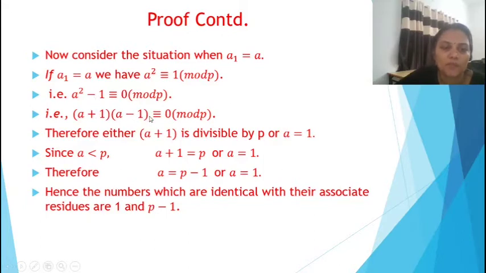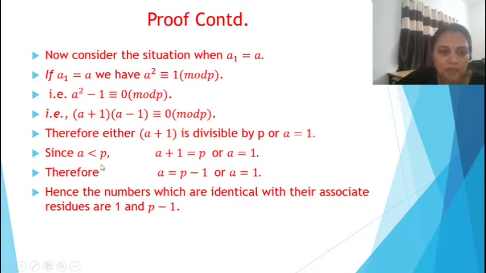Factorize: (a plus 1)(a minus 1) congruent to 0 mod p. That is, either a plus 1 is divisible by p or a minus 1 is divisible by p.